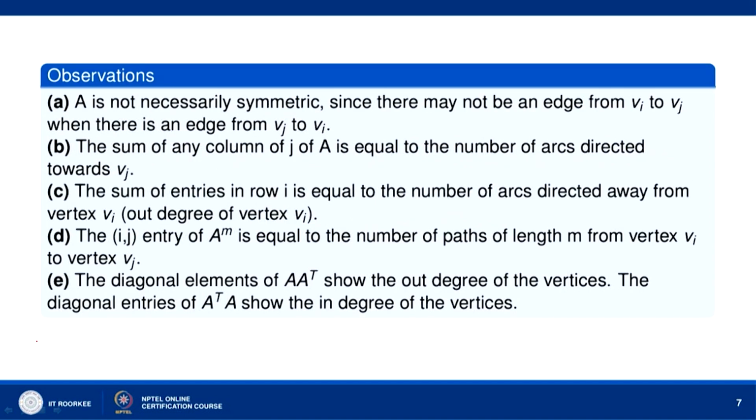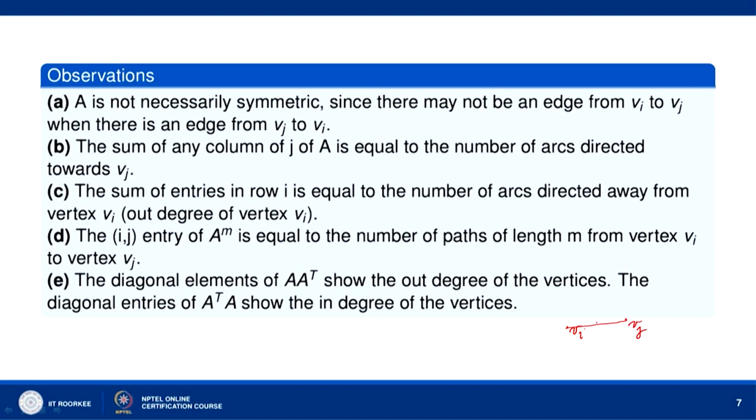Let us now go to observations regarding the adjacency matrix in the case of a digraph. A is not necessarily symmetric, since there may not be an edge from Bi to Bj, because it is a directed graph. Suppose this is your vertex Bi and here is the vertex Bj.